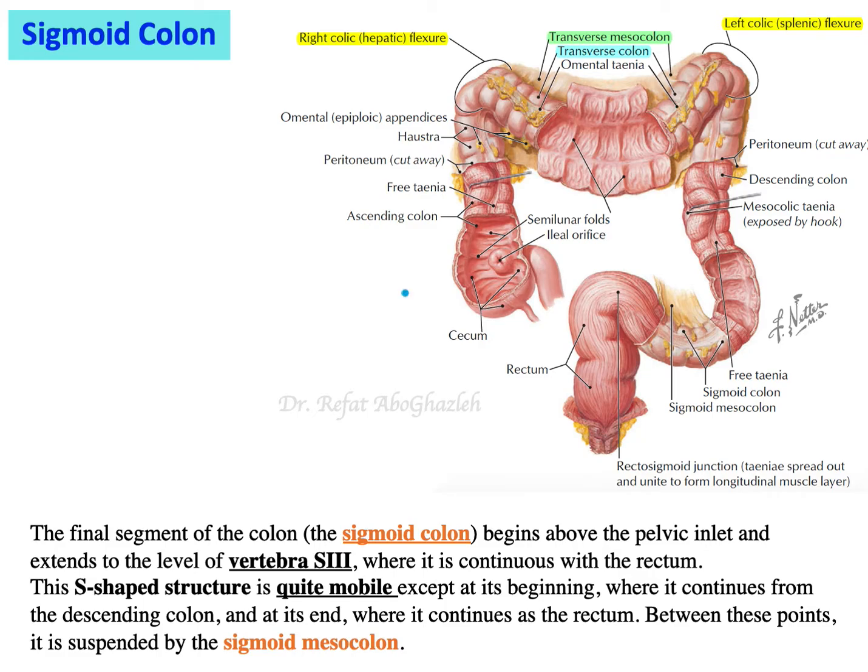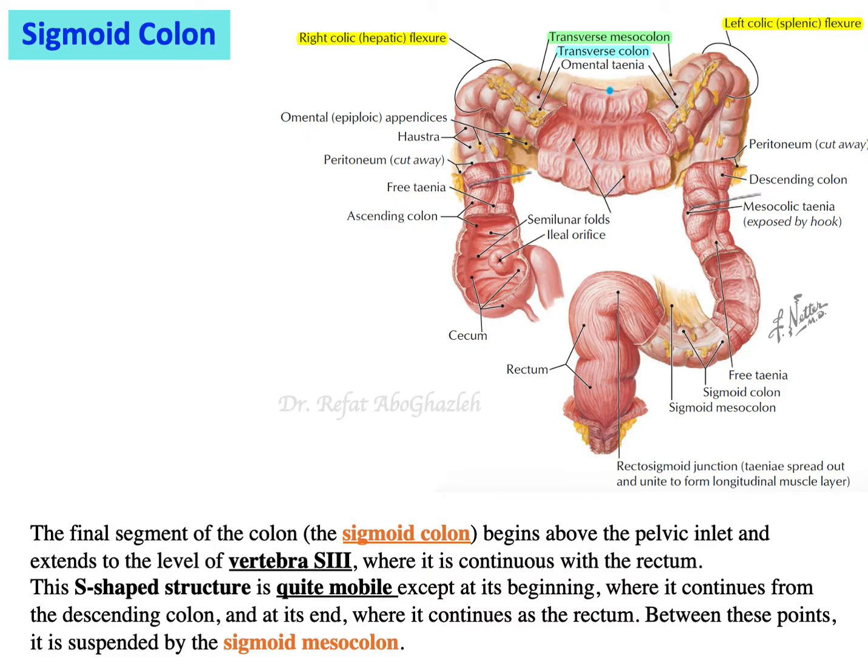Now we have finished the ascending colon, transverse colon, and descending colon. Now it's time to join the sigmoid colon. Look at this curved S-shaped part of the colon, known as the sigmoid colon. Sigmoid colon is similar to the transverse colon in that it has its own mesentery.